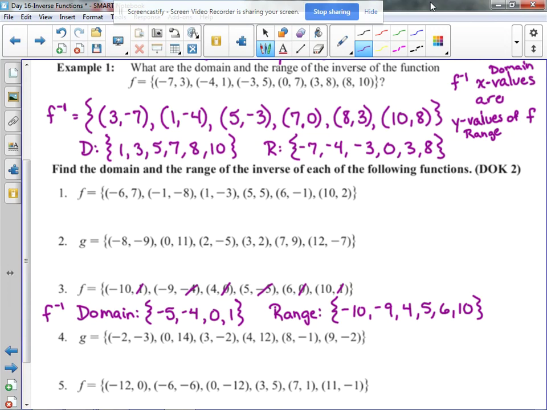And I wanted to do this one to point out that your domain and range don't always have the same amount of numbers. Okay, because our domain had 2 repeated values, so we only have 4 numbers listed, but they represent 6 points. There are actually 6 points in that function, and we don't list them if they're repeated. Okay, so pretty simple idea.